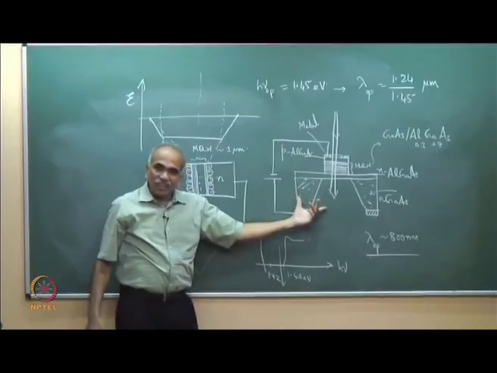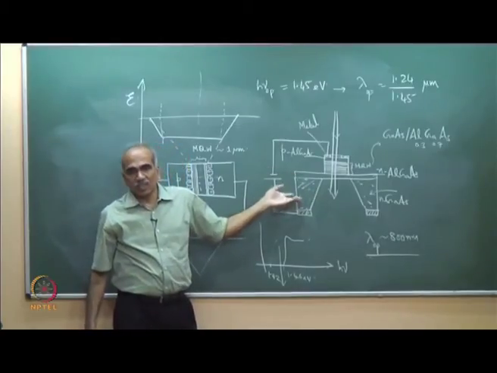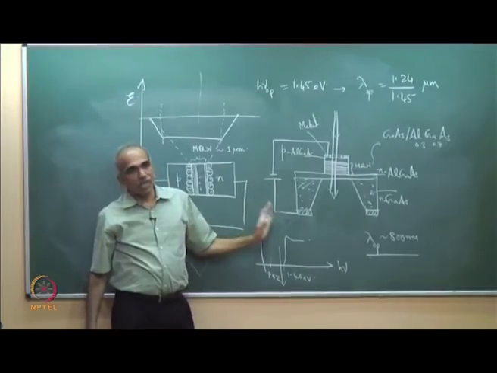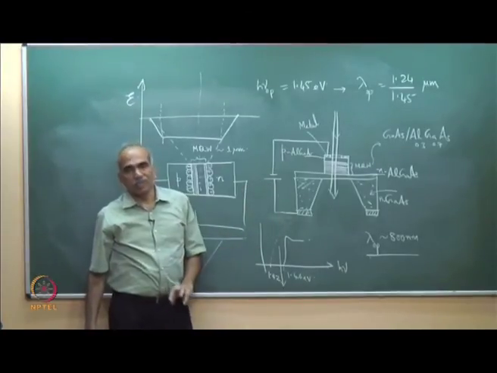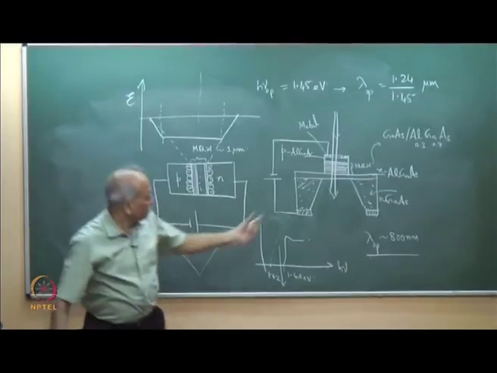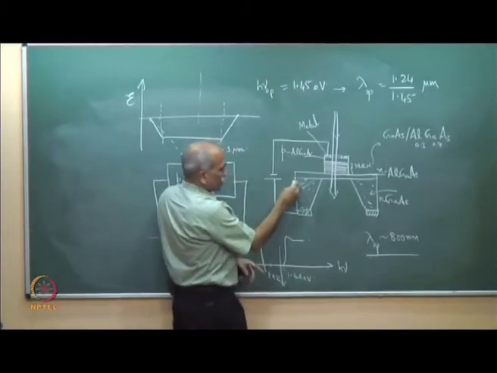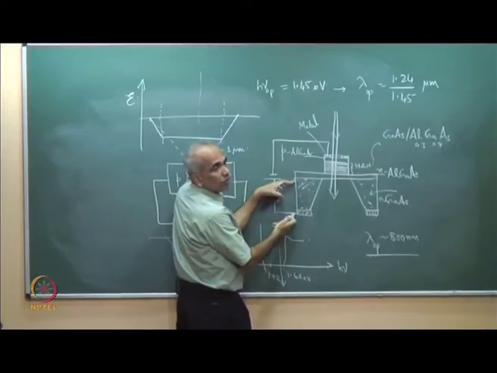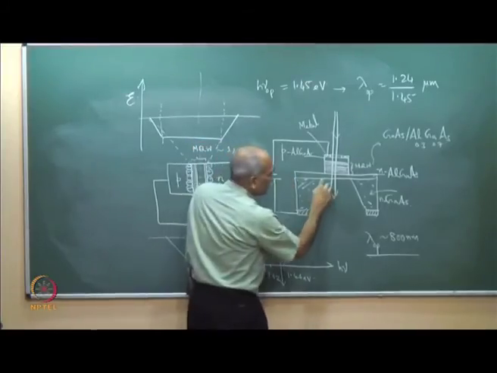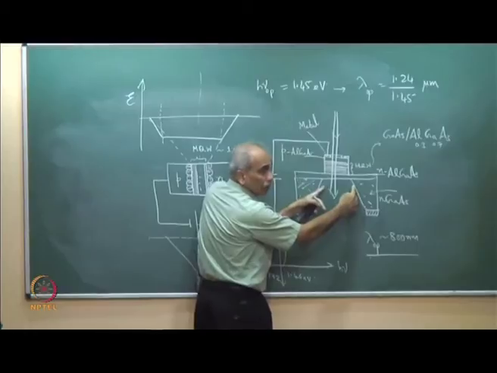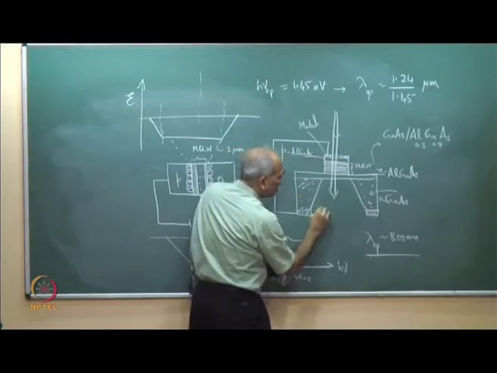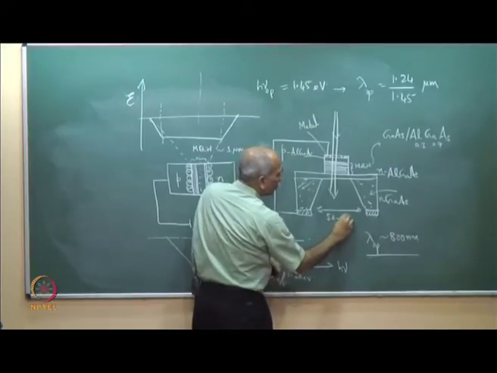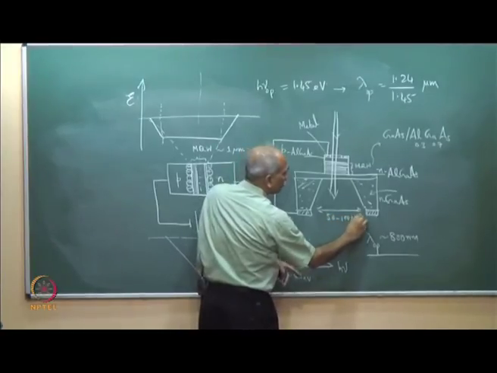So, this is the early structure of the electro-absorption modulator based on the quantum confined Stark effect. Typical dimension here: this is the substrate, typically about 60 to 100 micron, and the slot which is kept open is 50 to 100 micrometer.